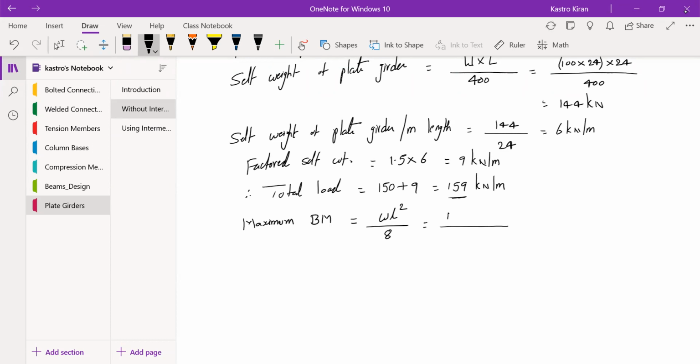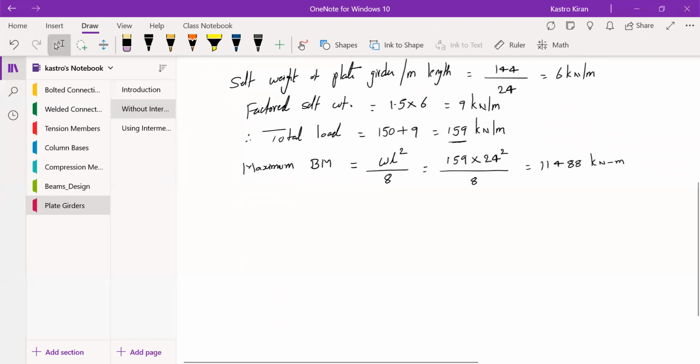It is the total load, that is 159. And L is the span of the plate girder, which is 24 meters. So WL square by 8, if you solve this, it will be 11,488 kilonewton meters. This is the maximum bending moment. Next, we need to find out the maximum shear force as well.